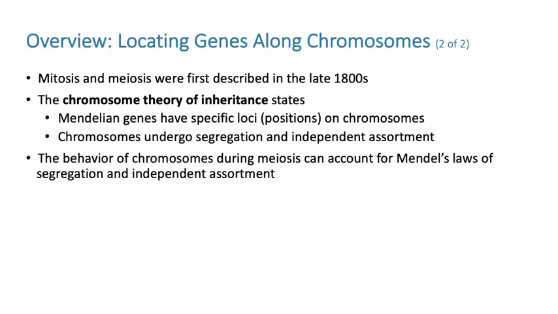So, like I said, we're going to be bringing things together, and these are very important concepts, especially the second one about segregation and independent assortment, because those are Mendel's laws. We're going to apply them to chromosomes because chromosomes are the things that hold the genes.